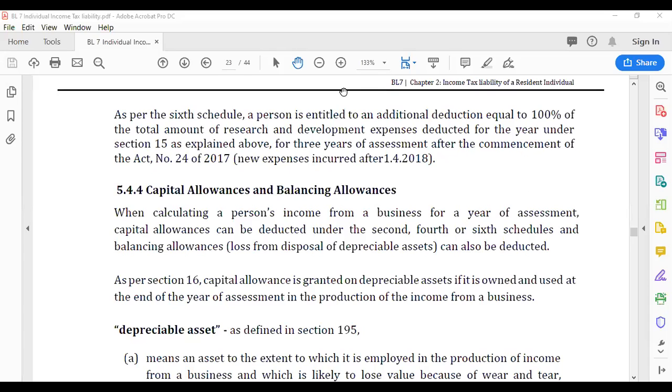Who is determining the depreciation? The percentage of depreciation is decided by whom?